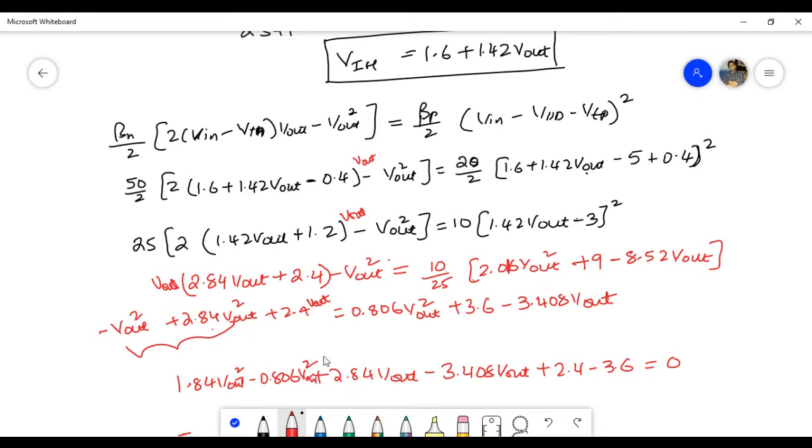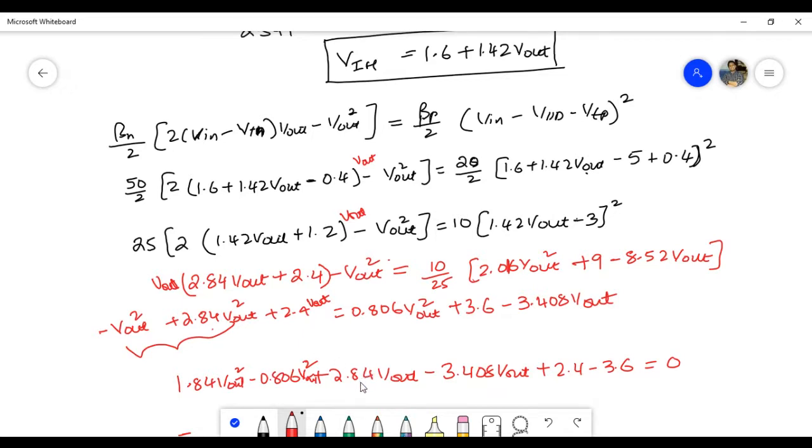So this will be 2.484 V out. We have written this correct? 2.4 V out.